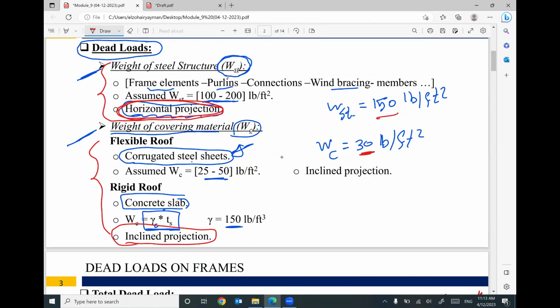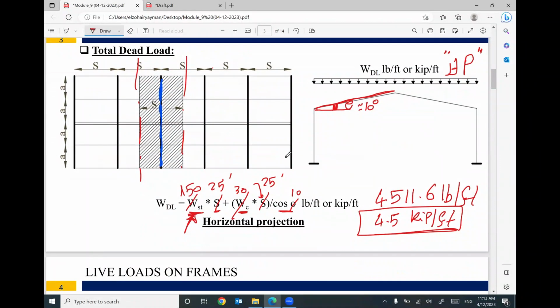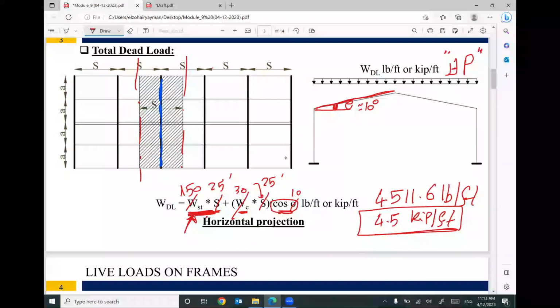Unfortunately, I cannot add this one to this one directly. I need to convert one to the other. So I converted this one to this one by dividing by cosine theta. Dividing by cosine theta converts from inclined projection to horizontal projection. I added them to this term, and the final value will be horizontal projection.